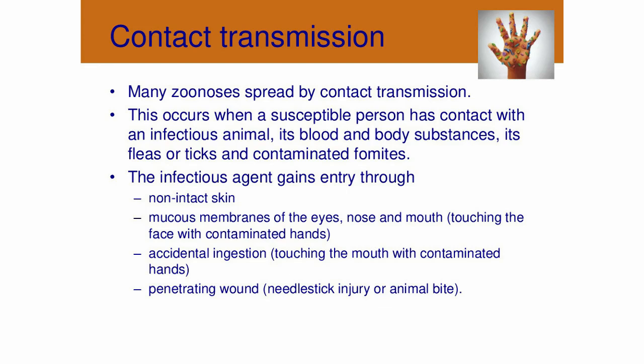It can also occur by accidental ingestion, usually by touching the mouth with contaminated hands, or through a penetrating wound, such as a needle stick injury or an animal bite. Examples of zoonoses that spread by contact transmission include cat scratch disease, which is an occupational hazard for those who work with cats, and rat bite fever, which is an occupational risk for those who work with rodents.